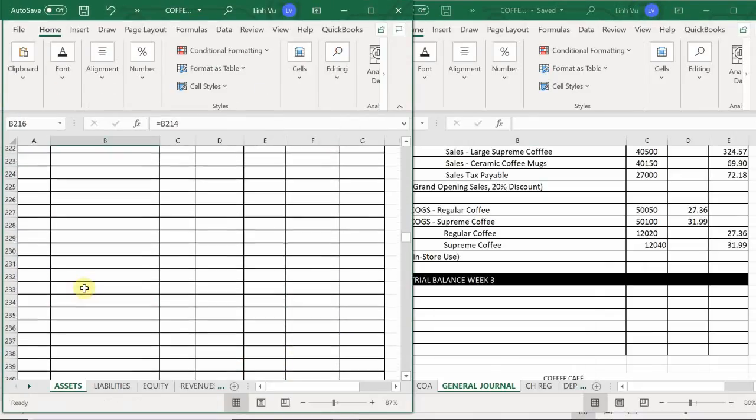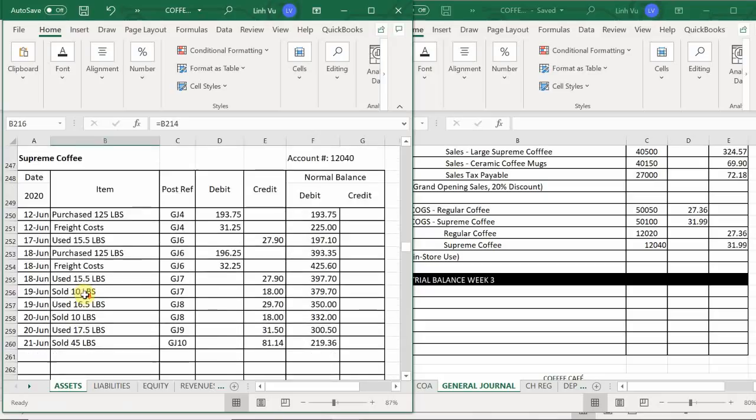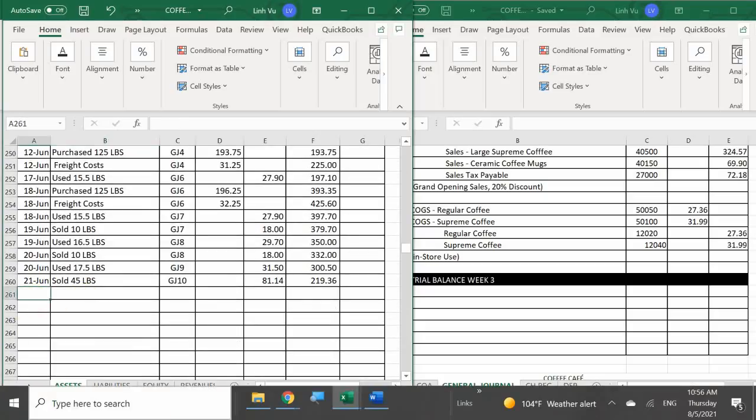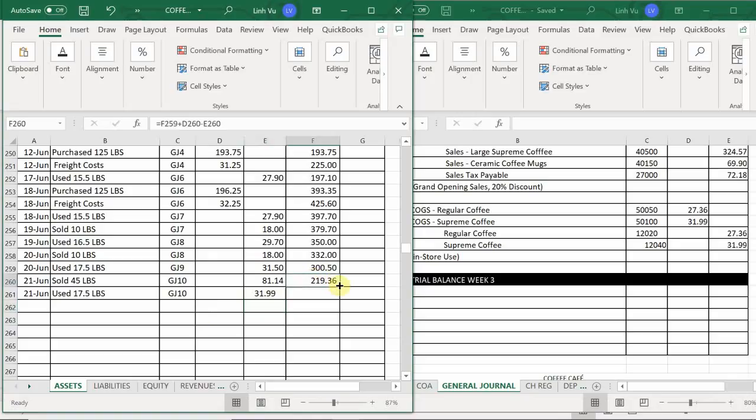All right, last but not least in our accounts here, the very last one is that we used 17.5 pounds, General Journal 10, and it was for $31.99, which brings us a total in my inventory of how much? 187.37, which we know matches our inventory worksheet.